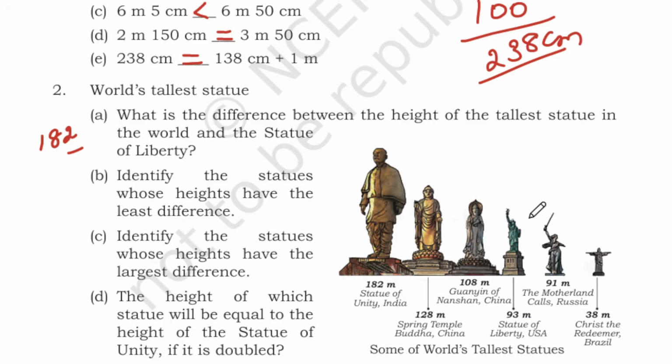The Statue of Liberty is here, which is 93 meters. So when you subtract 182 minus 93, you get 89 meters.